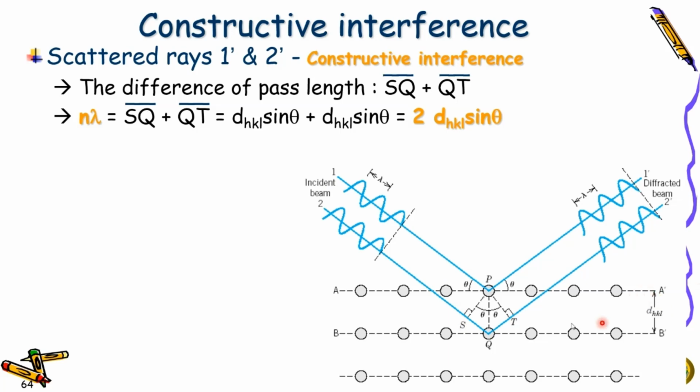By D, right? This is theta, the incident angle. So D sine theta will be the distance SQ, and also D sine theta will be the distance QT. So ladies and gentlemen, I want you to remember this equation. This is very important. So n lambda equals 2D sine theta.